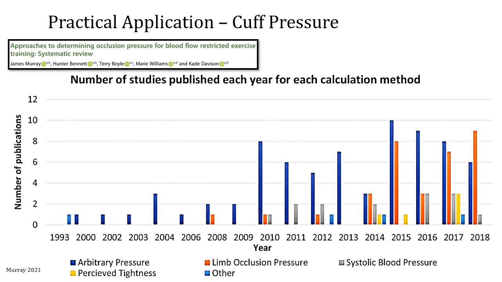What is encouraging is that things are changing. So here on the y-axis you have the number of publications, and then you have the year of publication running across the x-axis, and you have the means by which occlusion pressure was determined. The blue one being arbitrary pressures, perceived tightness in yellow, systolic blood pressure.